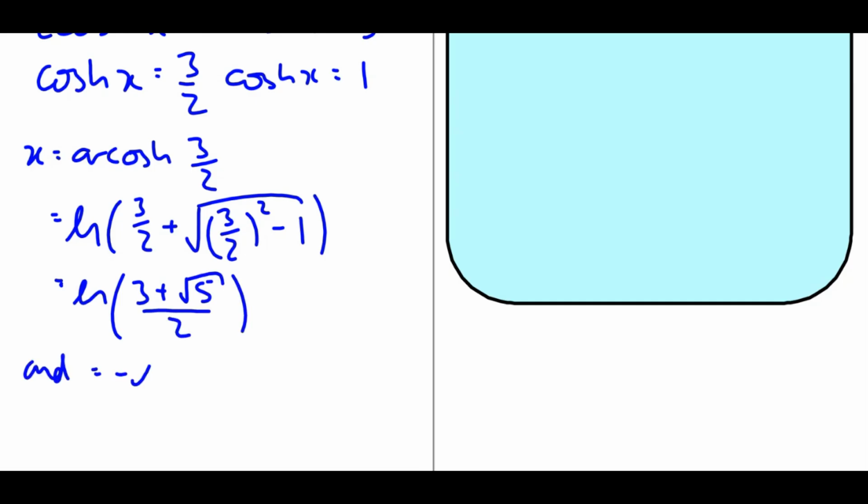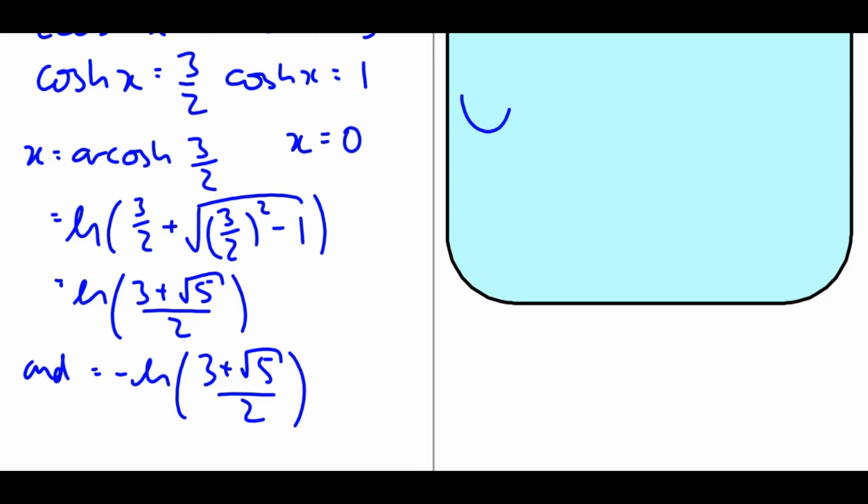And don't forget, we can have the negative of that because of the symmetry of cosh. Cosh x equals 1 only has one solution. If you think about the graph of cosh, it crosses the y-axis at 1. If you substitute 1 into your ln formula, you get ln 1, which is just 0, so it just has that one solution, x equals 0.